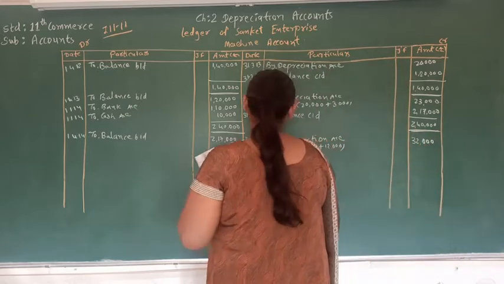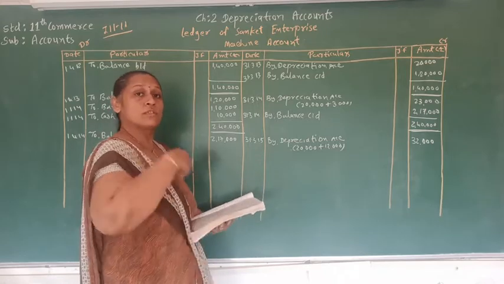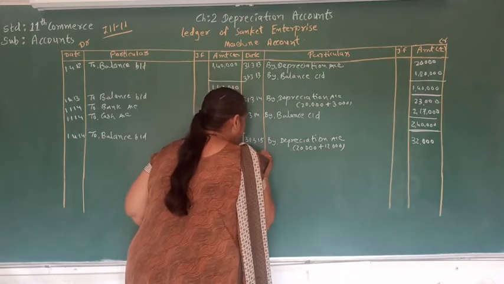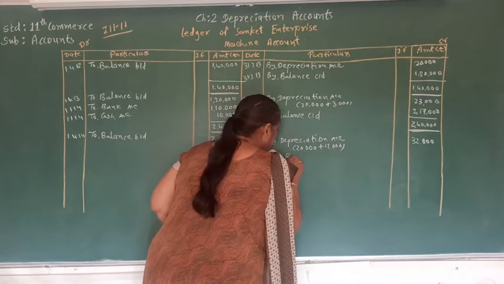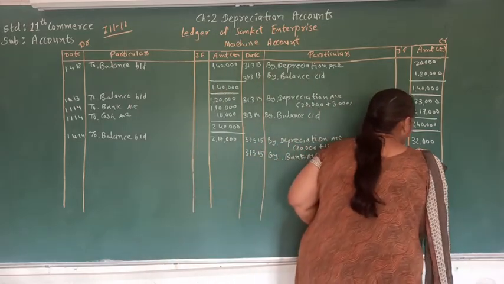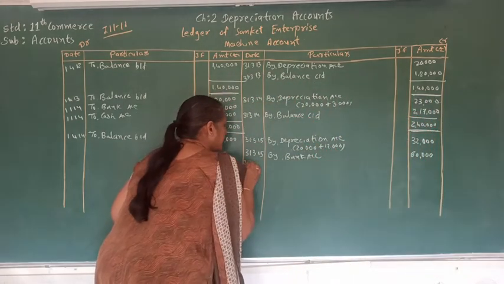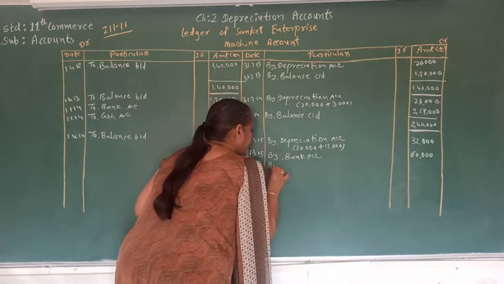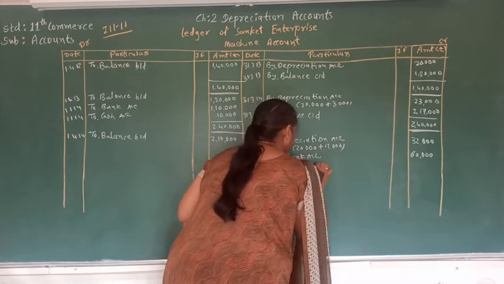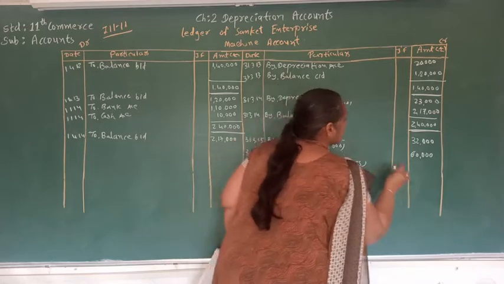Now, after the end of the third year, the first machine is going to be sold, and for that we are going to receive the money in the bank, by bank account, and the amount that we have received is 60,000. The loss incurred on the sale of the machine is on 31/3/15 by profit and loss account. Here it is a loss of rupees 20,000.